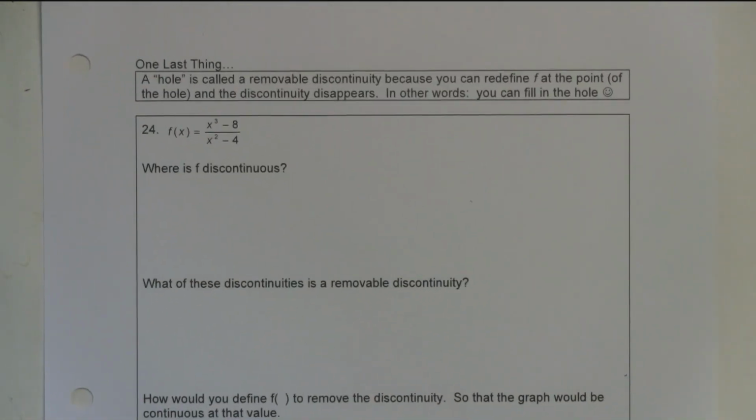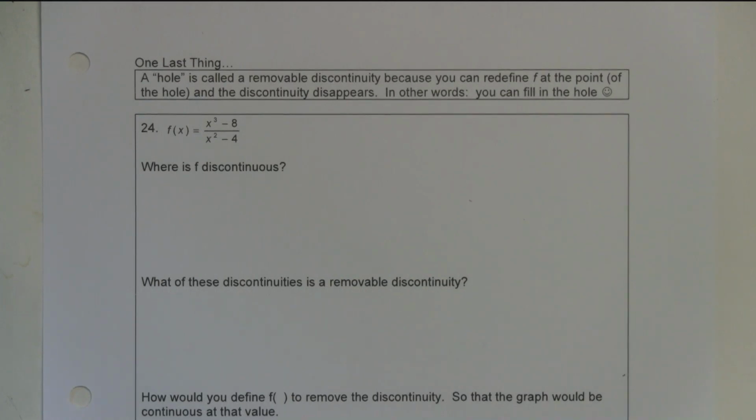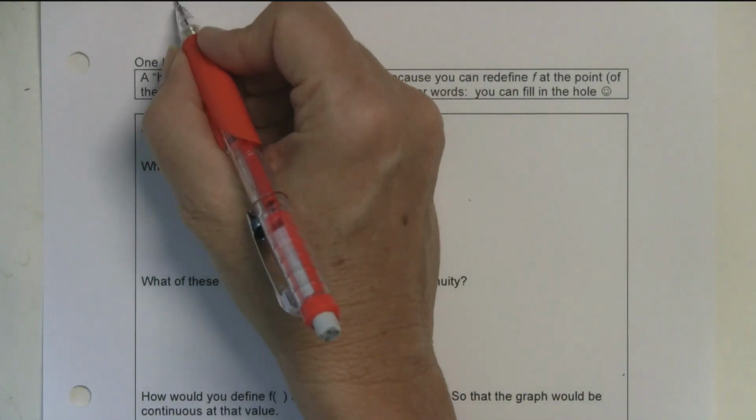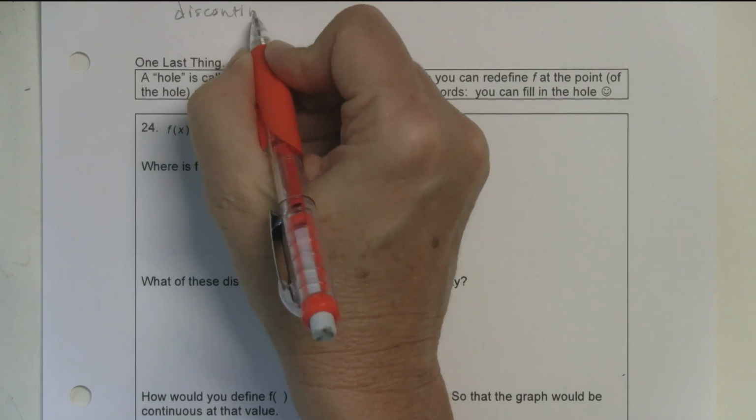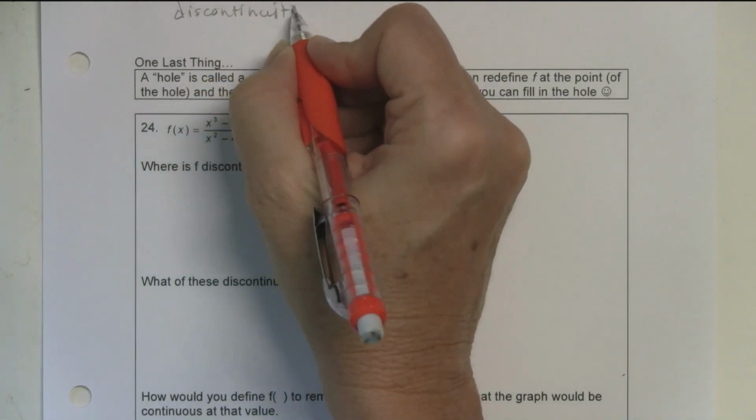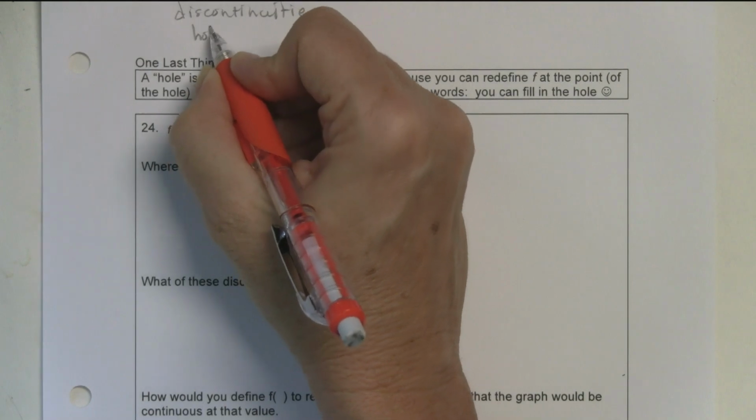Okay, friends, 1.8, the last thing. A hole in the graph is called a removable discontinuity. So we had lots of discontinuities. We had holes.